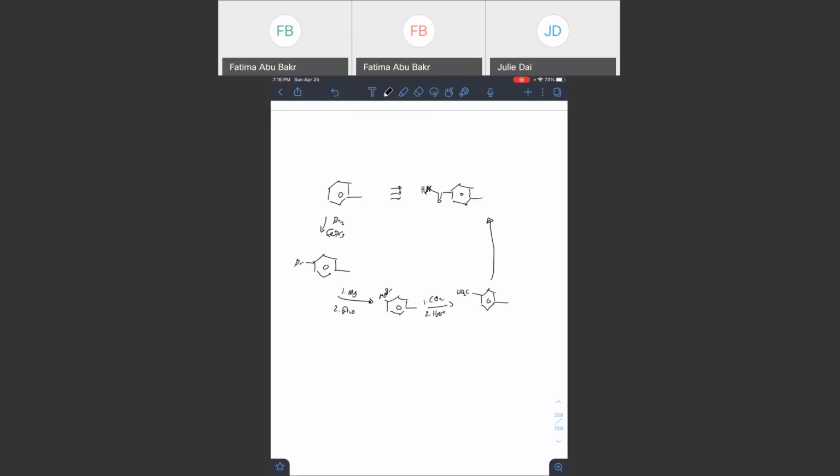Actually, first we need to turn it into a Cl, SOCl2. And then finally, NH3. Oops, this is wrong. At this point, it is Cl, and then NH3.